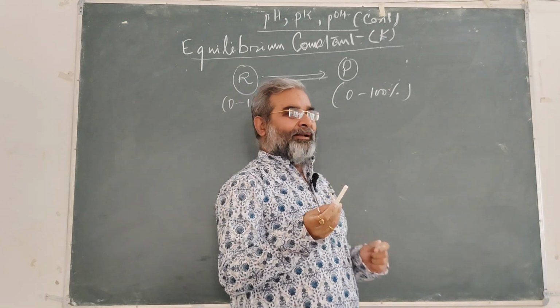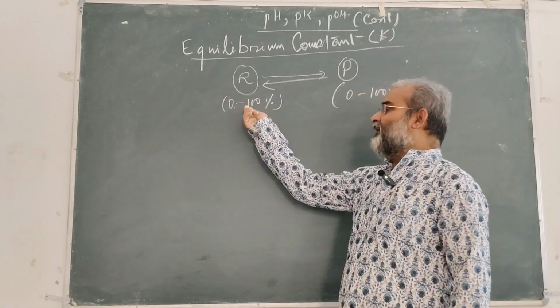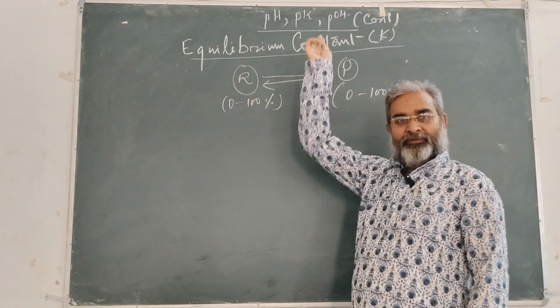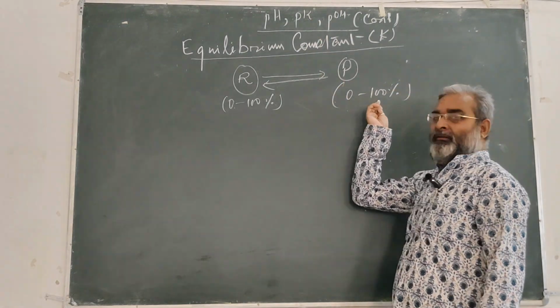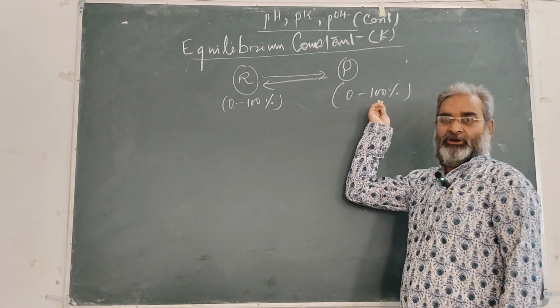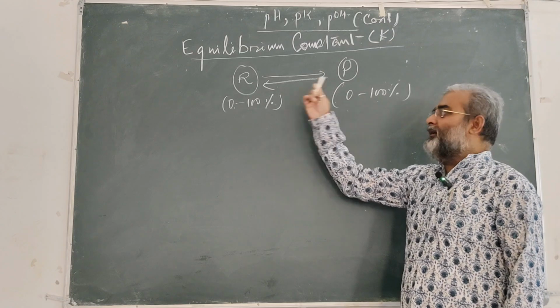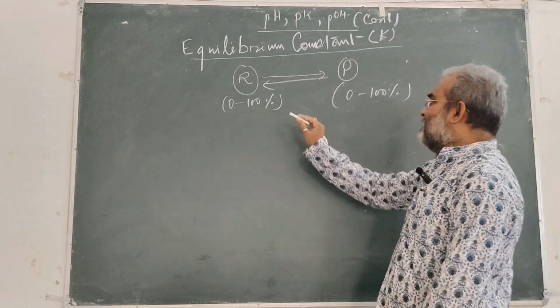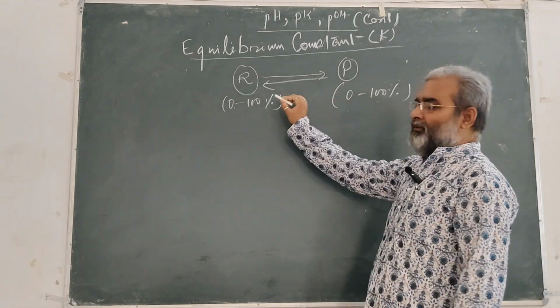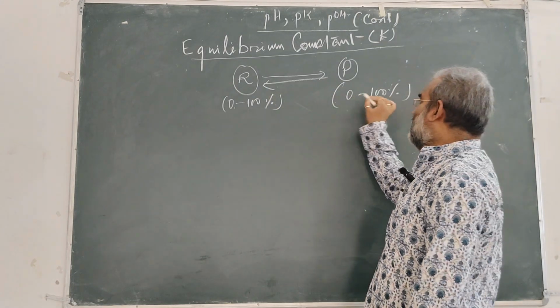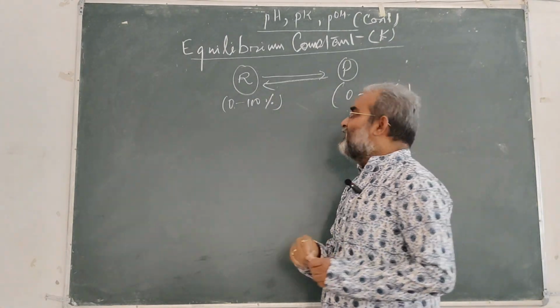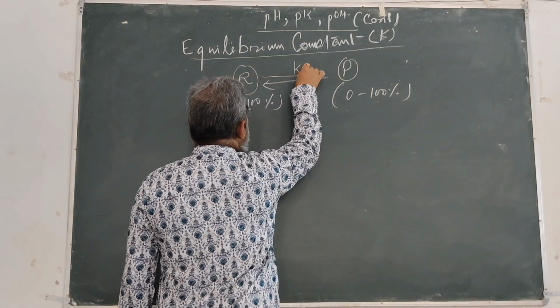At the initiation, it is 100%, and it is 0. At the final ending, it is 0, and 100%. That means it deviated from 0 to 100%. This one is represented by K1.